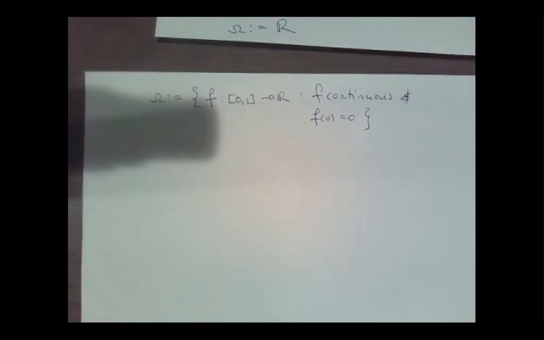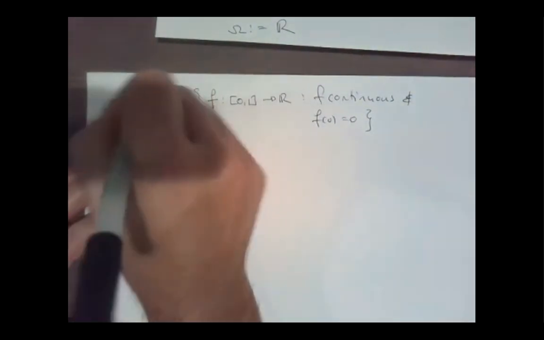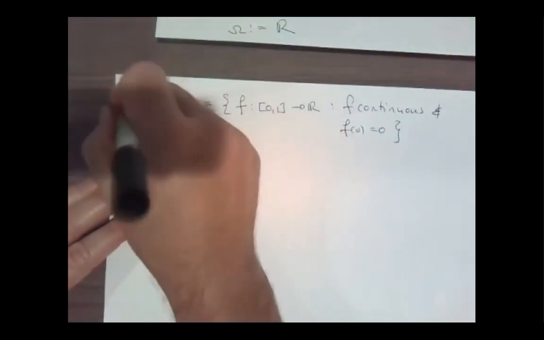So this is a huge collection. You take all the functions that you know that are continuous and have the property that at 0 the value is 0. So this is one possible space that we can work with in continuous time.